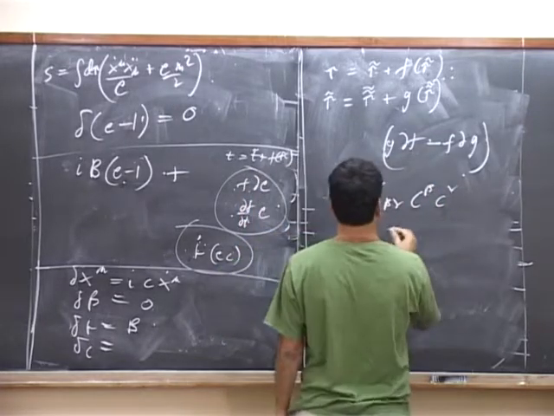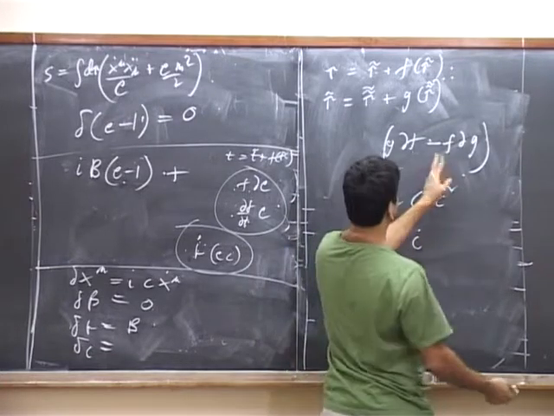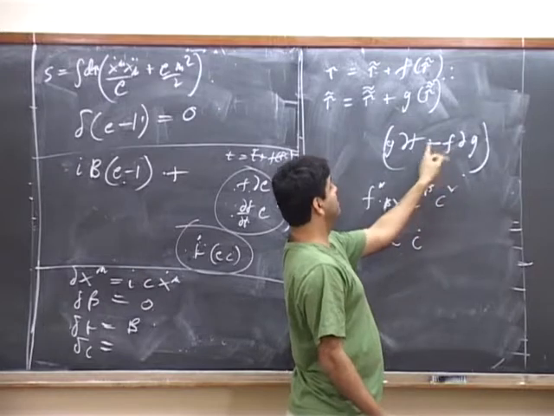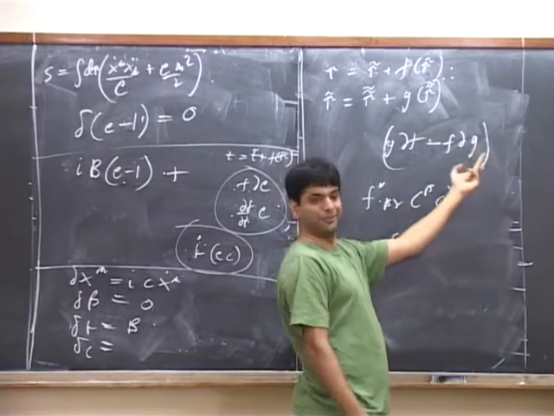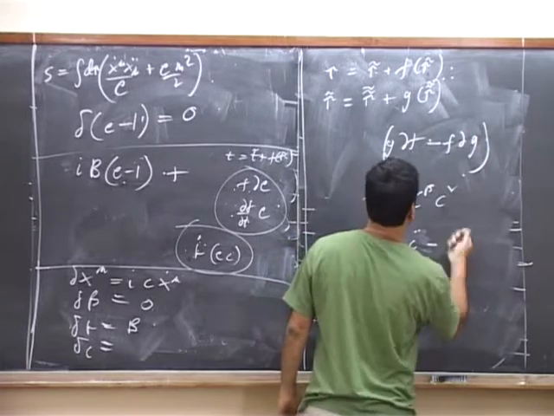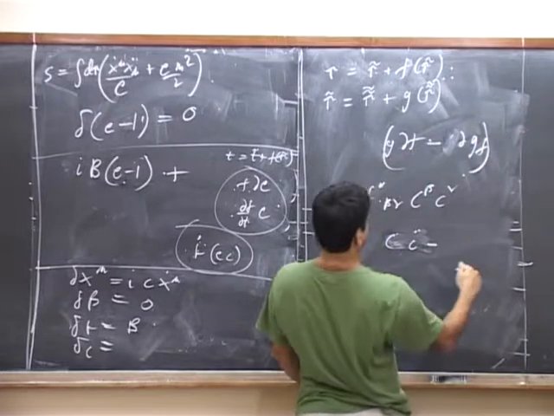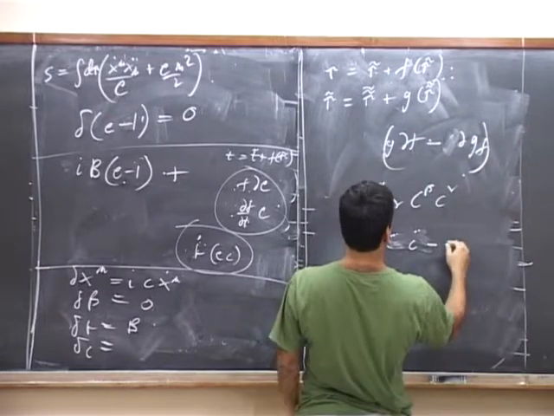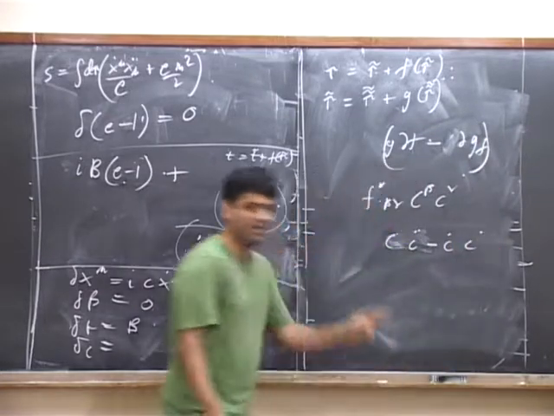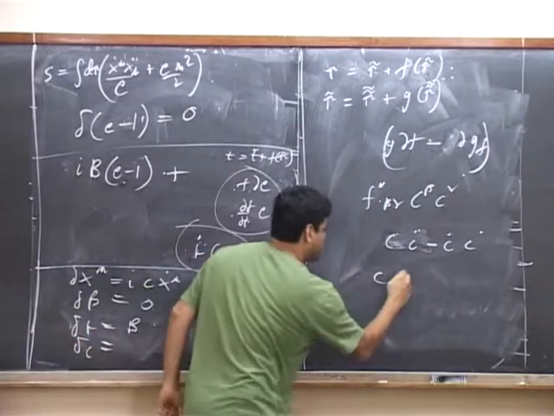So that's C times C dot. But there are two such terms, and the effect of the minus sign goes away because of the anti-commutator. This is C times C dot minus C dot times C, and you put it through and get something that looks like C times C dot.